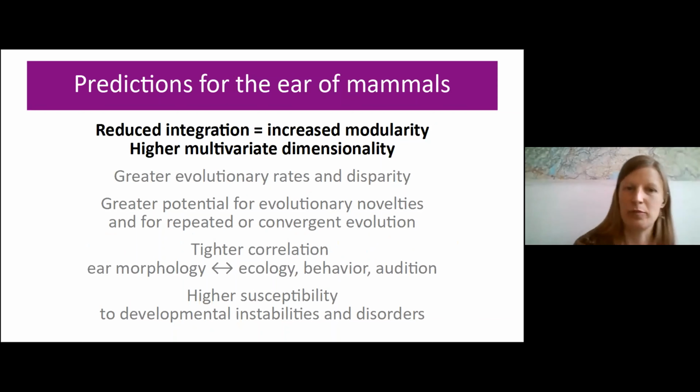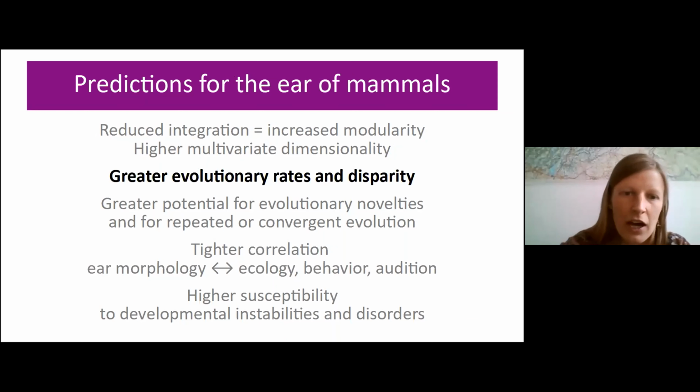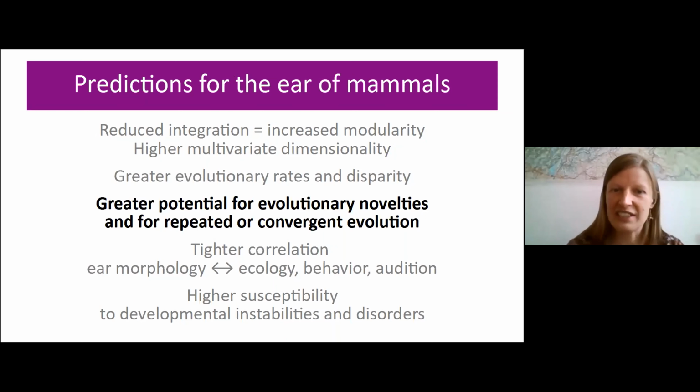The second prediction is that you would have greater evolutionary rates and disparity in mammals compared to clades of similar age. A third prediction is that because of this higher evolvability, you would have a greater potential to innovate, to have evolutionary novelties, and also convergent evolution. So similar shapes evolving in response to the same environment.